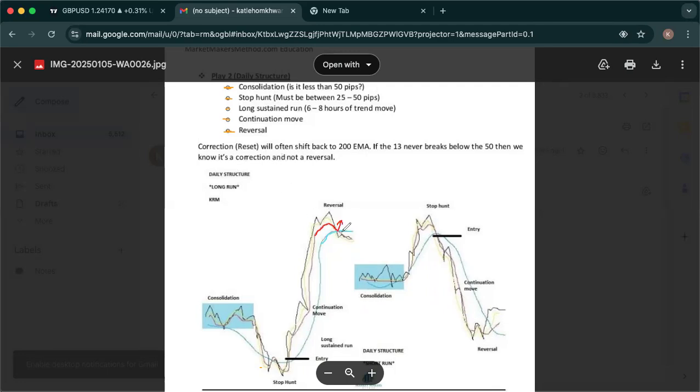It was a correction, just a continuation move going in the same direction. But now it broke the 50. It confirms that it was a reversal. Yeah, it is very clear. Okay, let's go on.